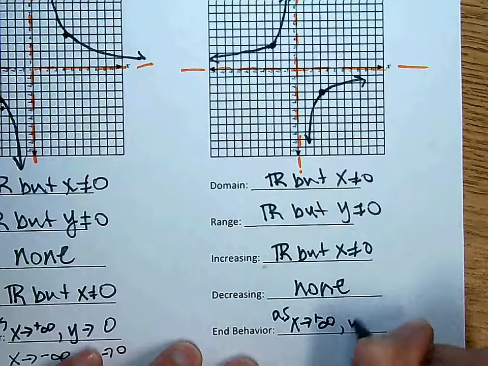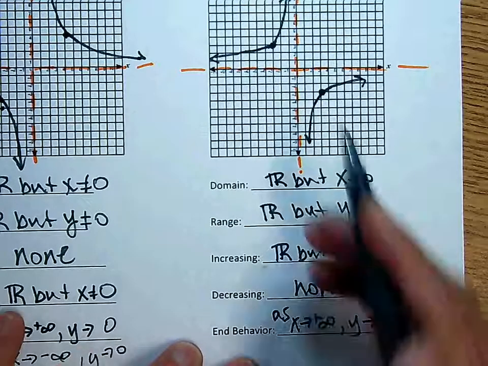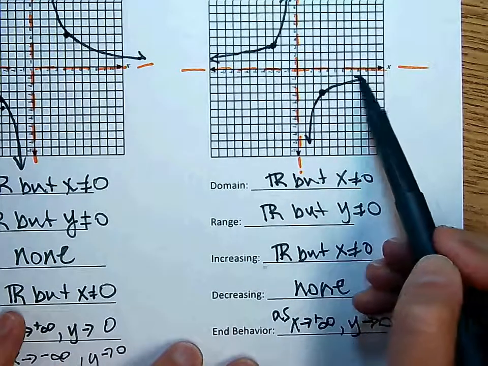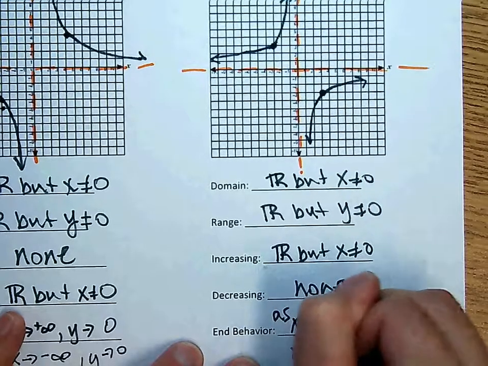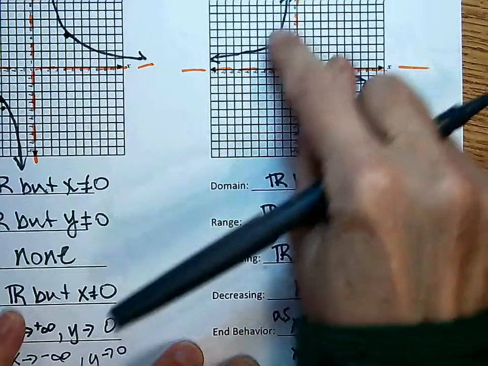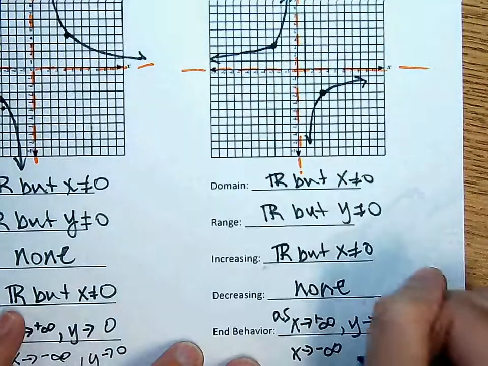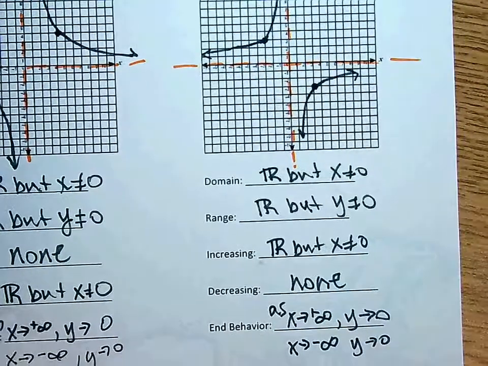Yep. Y approaches 0 again, because as it's going to positive infinity, that thing's still kicking right there to that asymptote. And as x approaches negative infinity, y is approaching 0.